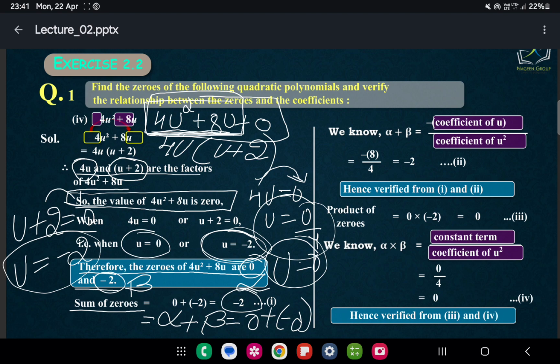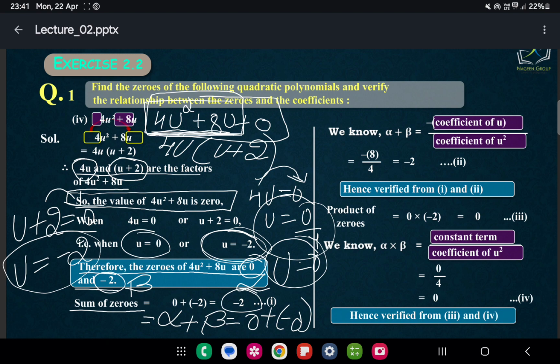Alpha plus beta is equal to minus coefficient of u divided by coefficient of u square. Here we have used u instead of x. How we will get: alpha plus beta is equal to minus of coefficient of x divided by coefficient of x square. Here we will get minus coefficient of u divided by coefficient of u square.